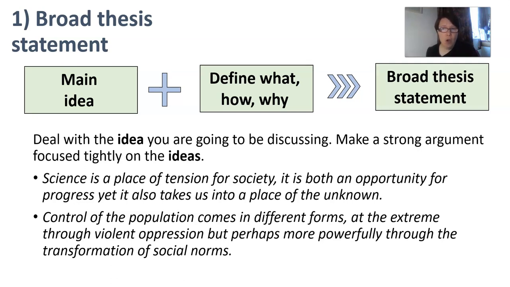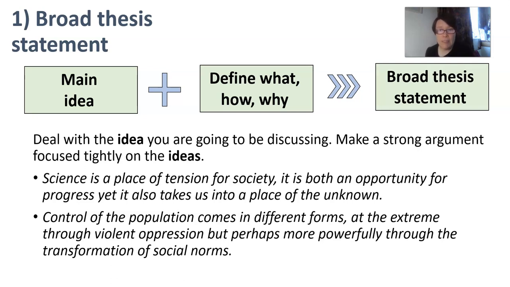You create your strong argument based on that, and then you give us a little bit more information. Let me give you some examples and then you're going to practice. So, science is a place of tension for society. That's my main idea. It is both an opportunity for progress, yet it also takes us to a place of the unknown. So I'm defining how and why it's a place of tension for society.